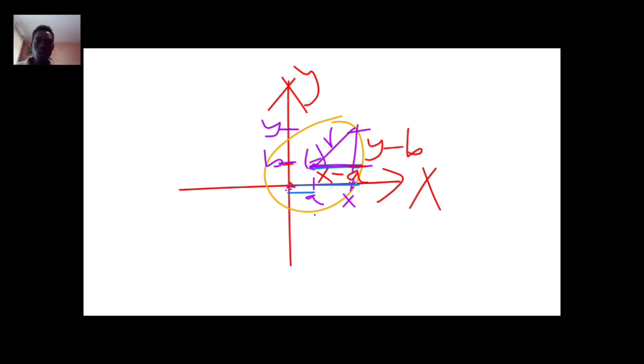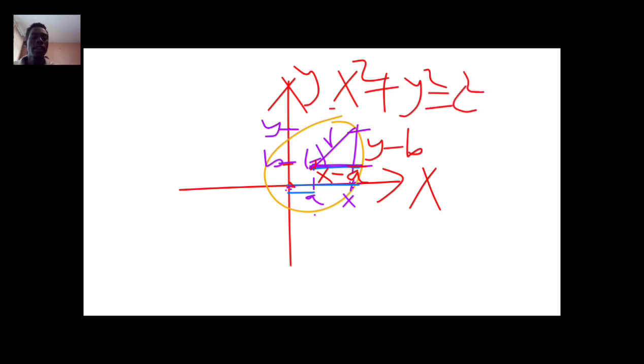So what we do to formulate the equation of a circle when the center is not at the origin and is at the point a, b, we use the normal formula for Pythagoras theorem, where we say x squared plus y squared is equal to c squared.